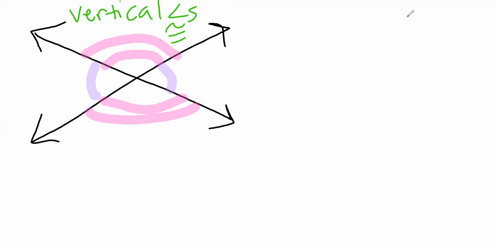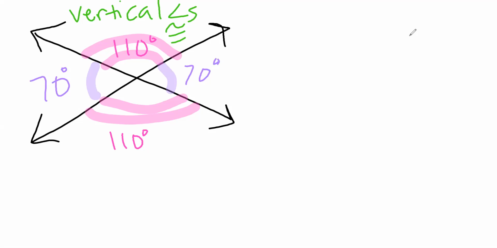So let's say the purple one is 70 degrees. Then that means that this one is 70 degrees. And that would mean, because the purple and the pink ones are supplementary, which I'll get to in a second, that this one is 110 degrees, which means that the one across from it is 110 degrees, right? So vertical angles are congruent.